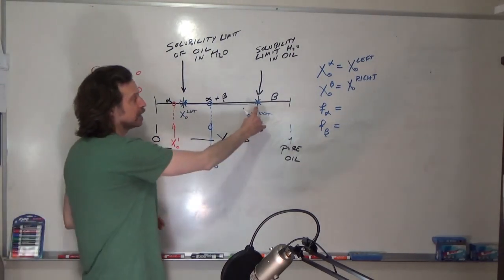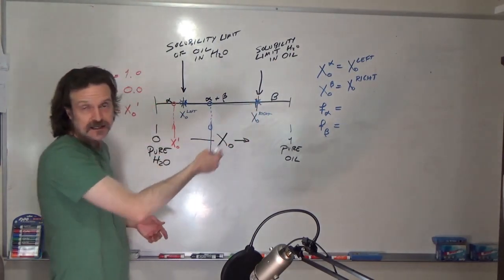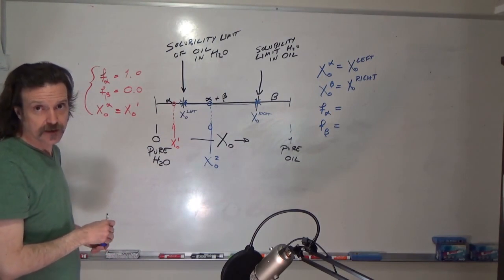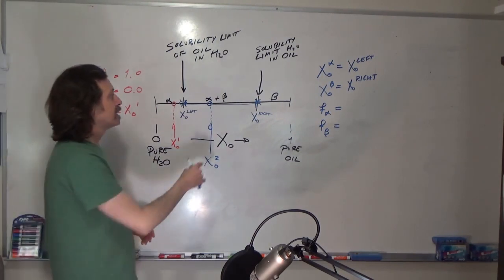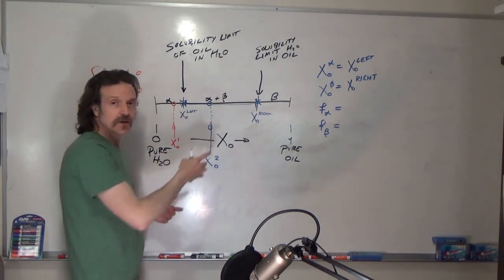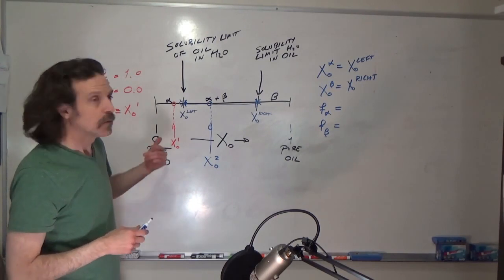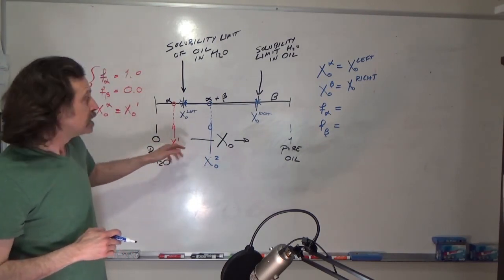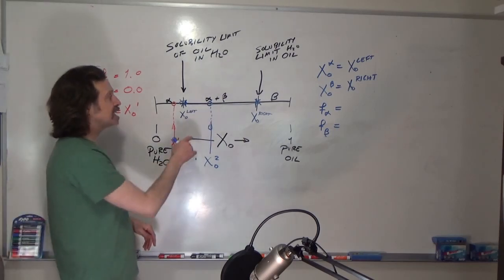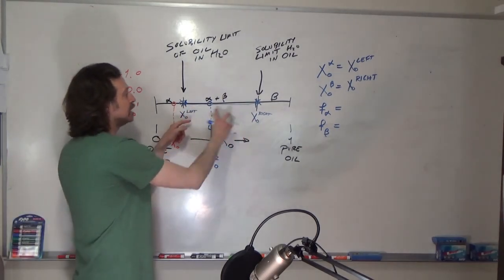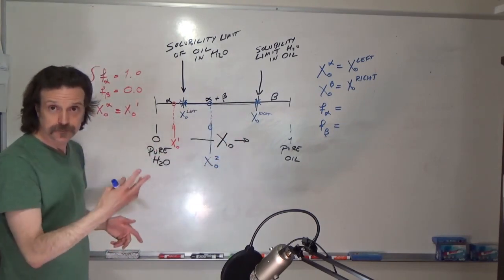In contrast, if we were on the far right side, we would be 99% beta and 1% alpha. And if we were right in the very center, we would be about half and half each. What this is telling us is that the way to read the phase fractions is by looking at the ratio of this distance and this distance.